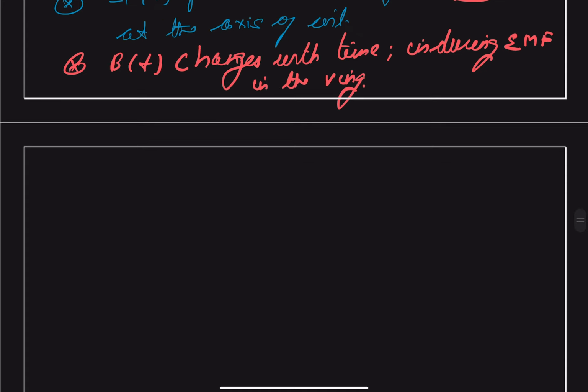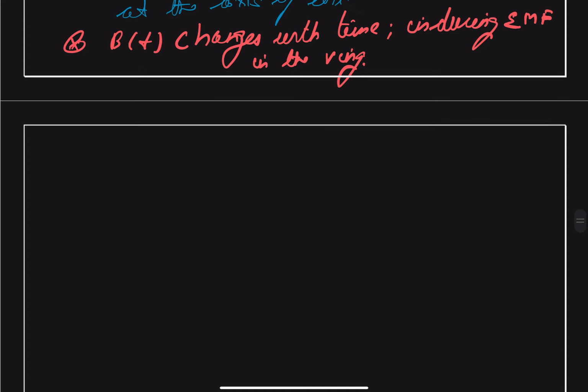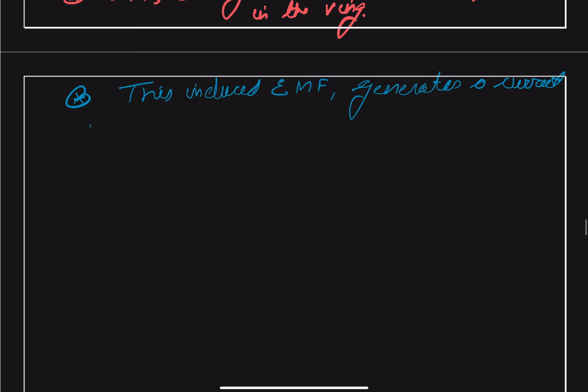And because of this induced EMF, it generates a current, which we call I2 of t, in the ring.